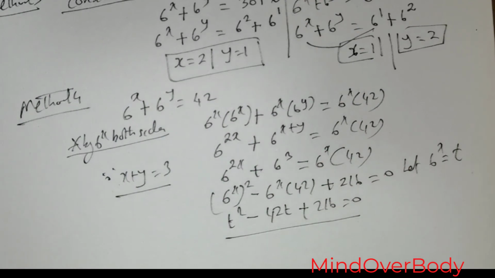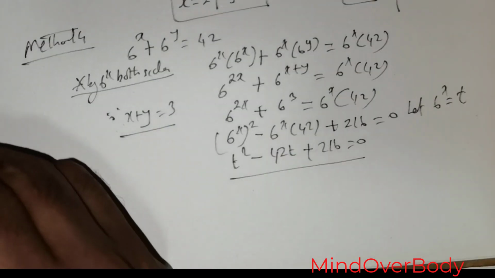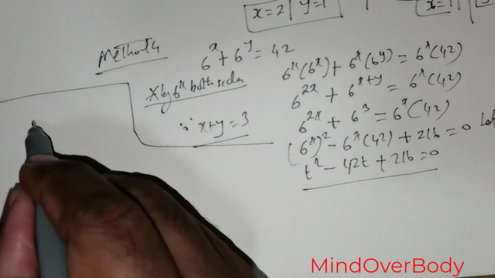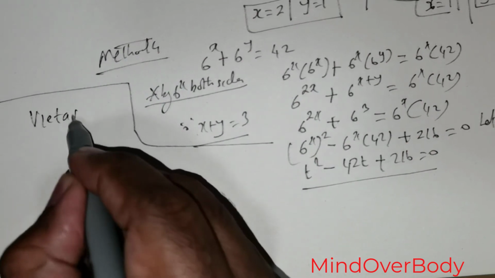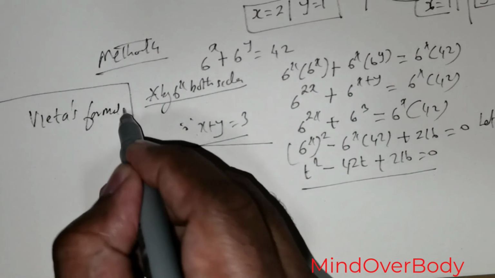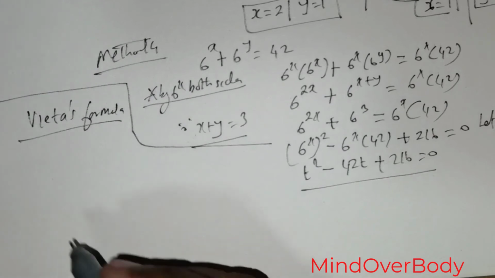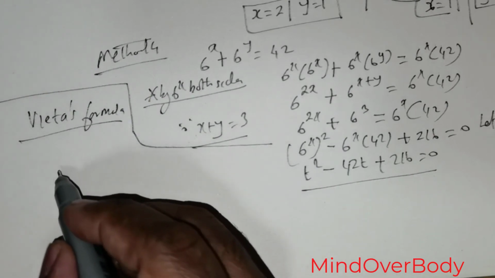I would like to show you one more method. Now this is by using what we call the Vieta's formula. You can call it Vieta's formula or Veeta's formula, depends on your pronunciation.